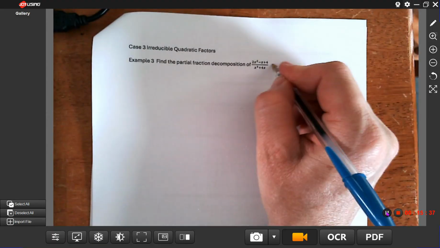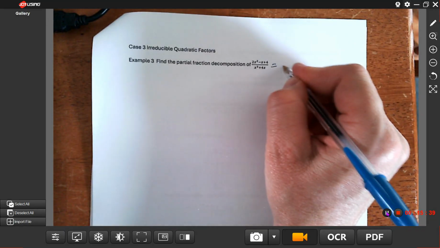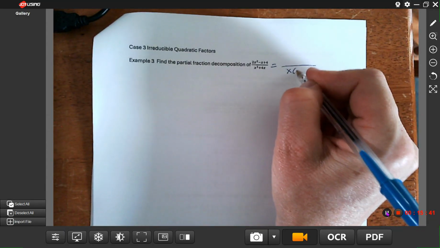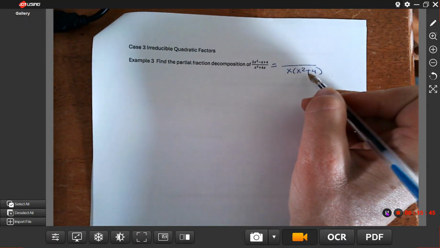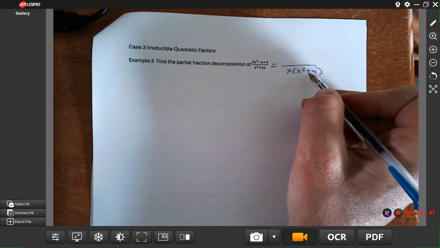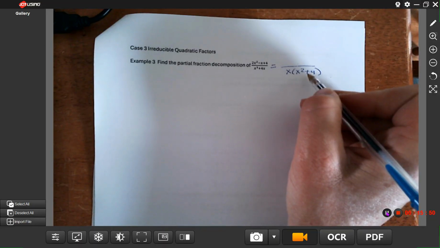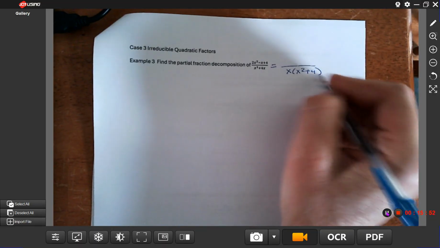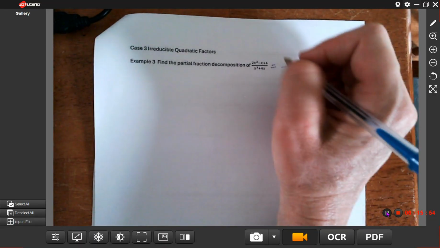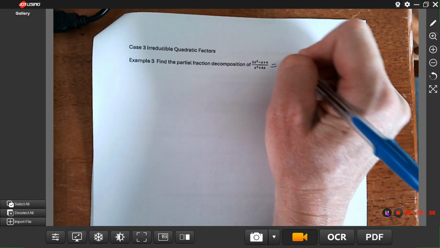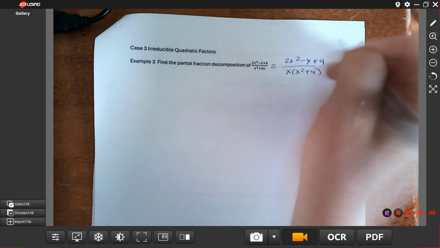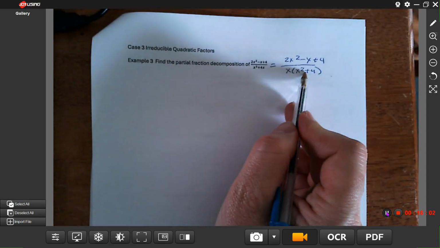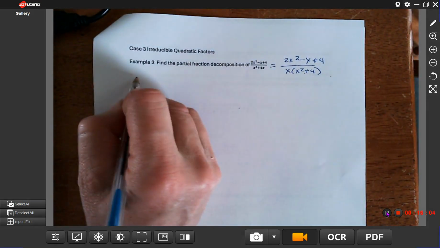So this denominator is pretty easy to factor because x is a common factor and we're left with x squared plus 4, the sum of squares. That has no real x intercepts, so that's not factorable. So irreducible, still have the same numerator. So that is an irreducible quadratic factor.